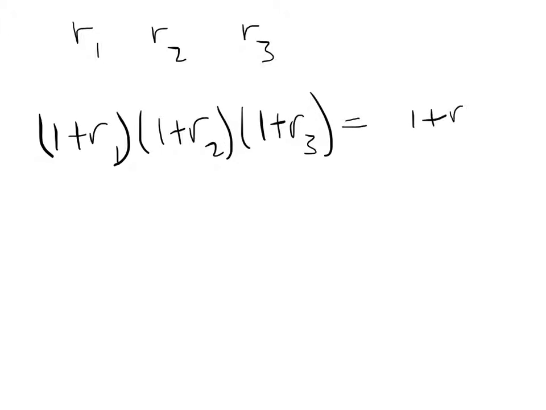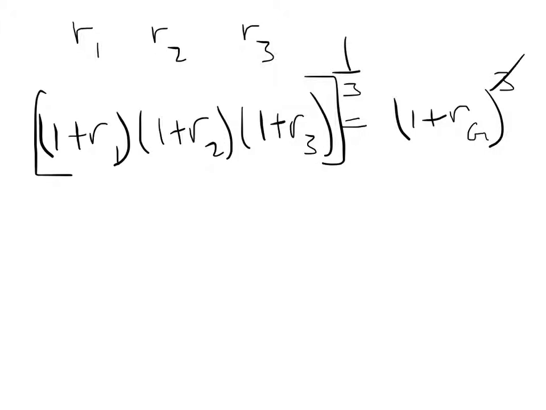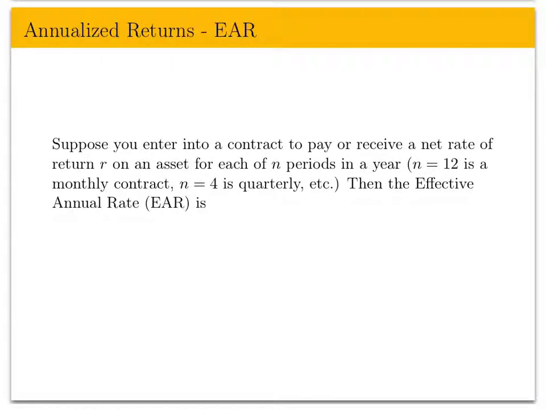Well, what would be the constant rate of return that accumulated over 3 periods would equal the product of those 3 returns? Well, it would just be the right-hand side raised to the 1/3. And so then you can begin to see if I have t time periods, I would multiply the t gross returns and then raise to the 1 over t power to get r sub g, or 1 plus r sub g.